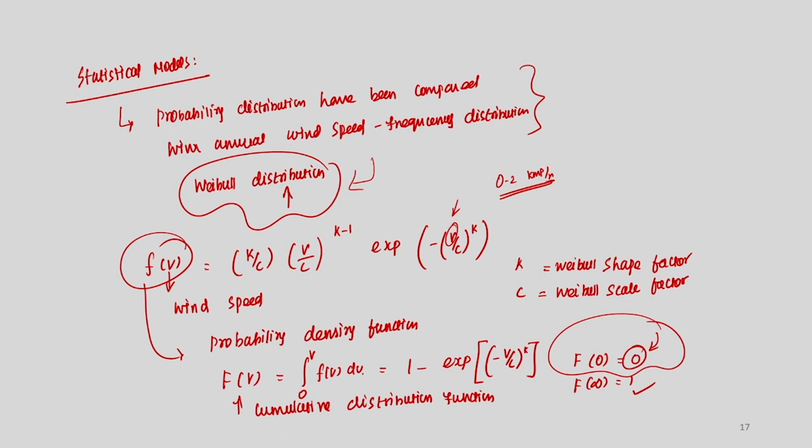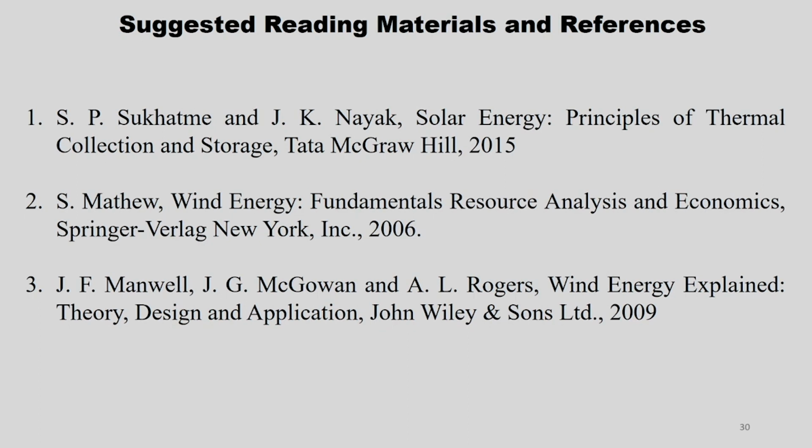Okay, so for whatever we discussed today, you can refer to these books: Solar Energy: Principles of Thermal Collection and Storage by Sukhatme and Nayak, and Fundamentals of Resource Analysis and Economics by S. Mathew on wind energy, and then Wind Energy Explained: Theory, Design and Application by Manwell and McGowan.